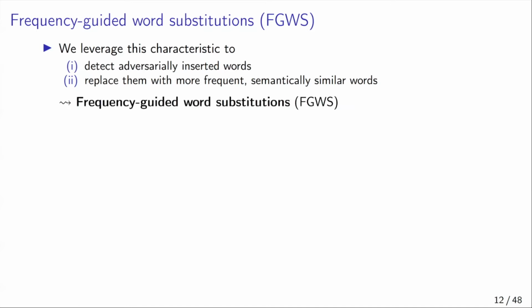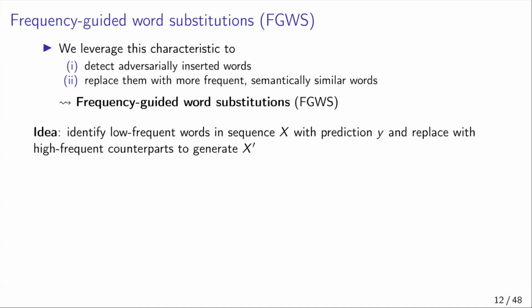This is called frequency-guided word substitutions, short FGWS, where the idea is that we identify low frequent words in an input sequence X, which has a prediction Y, and then we replace these low frequent words with higher frequent counterparts to generate a new sequence X prime.